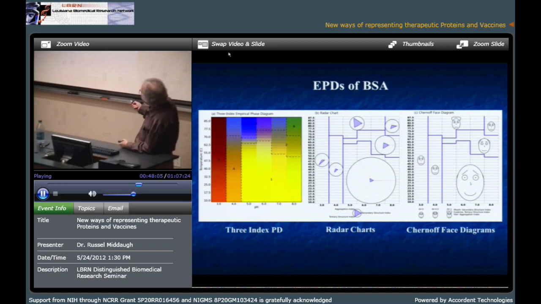What we've done here is, instead of showing all the individual images, we set a statistical limit on how much an image or a radar chart could vary, and then we just defined the region that contained those images and presented it as that image to simplify the diagrams. And you can see native state, very happy, okay? Unfolded state, unhappy. Massive aggregation, look at the hair growing up there, right? Very unhappy, all right? I don't know what you think about this. I kind of like it myself.